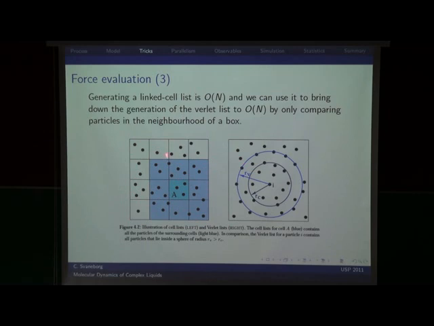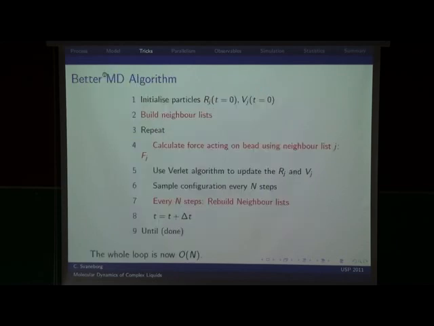And by applying both a linked cell list and a Verlet list, we can get down to O of n, which means that the force evaluation will be linear in the number of particles. So what would the algorithm look like? Well, we have to initialize the particle positions as before.